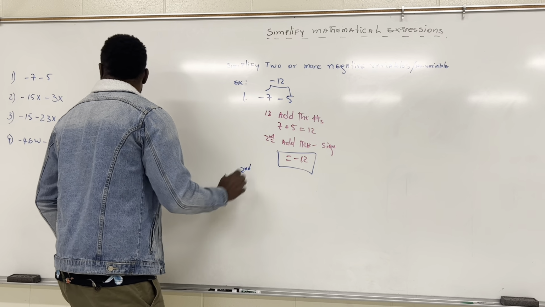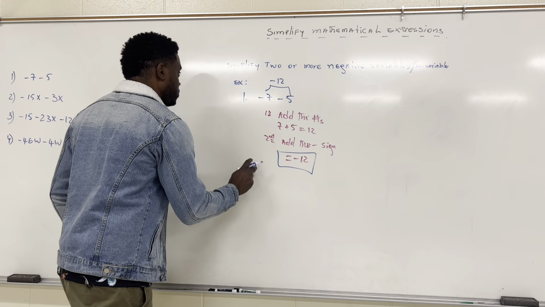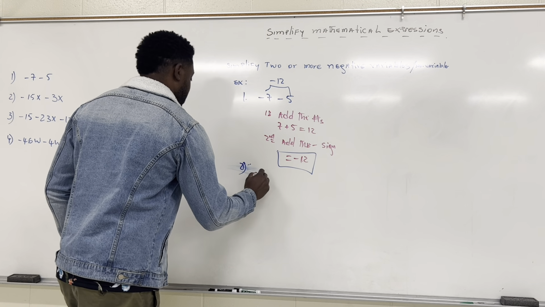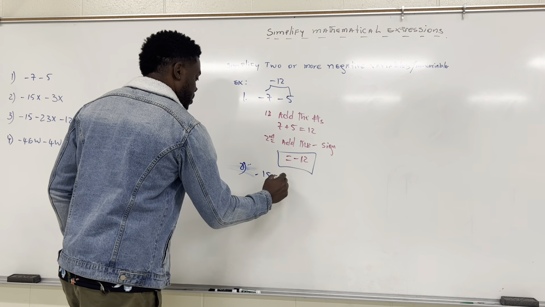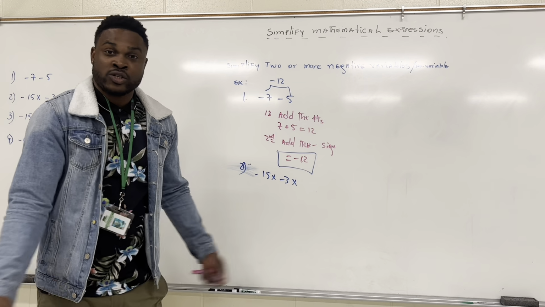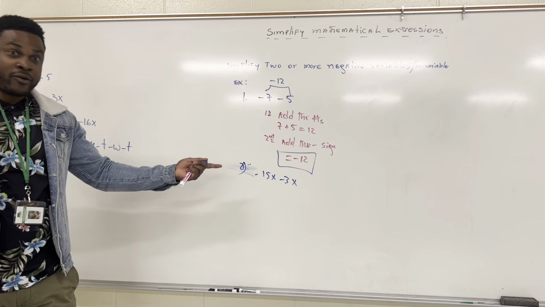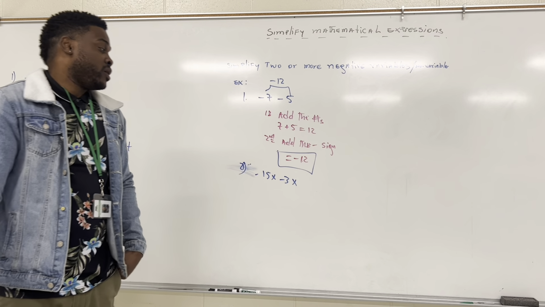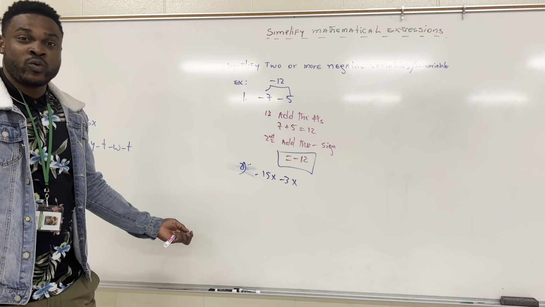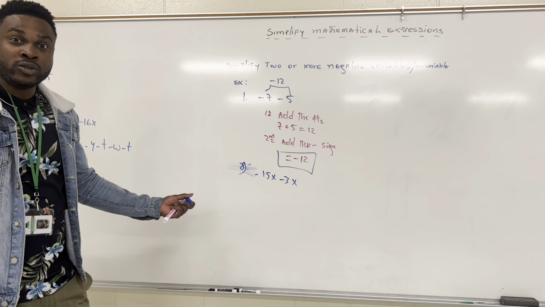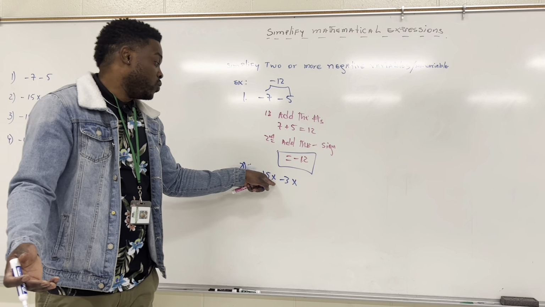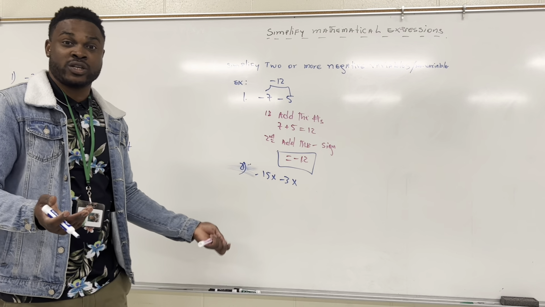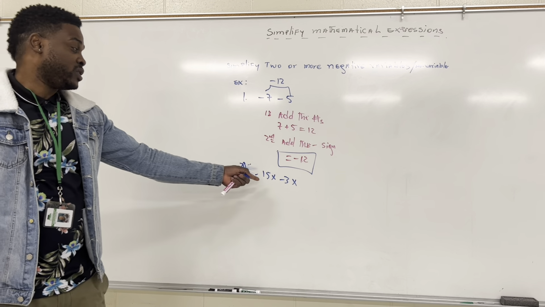Number two is negative 15x and then minus 3x. So now we have a variable, which is x. We're doing exactly the same thing. We add the numbers with the variables here, and we keep the same variable, since you notice that they are the same.